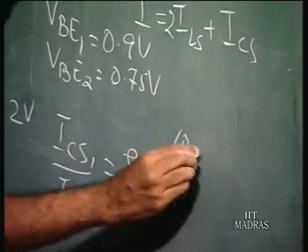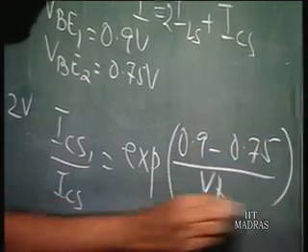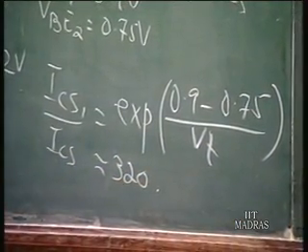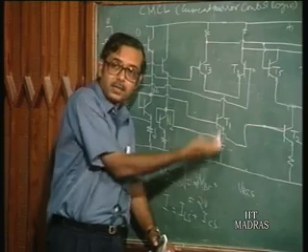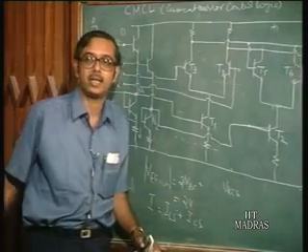So, it is going to be exponential of 0.9 minus 0.75 by VT. This is around 320. So, the current flowing through one branch here is going to be about 300 times that of the other branch.